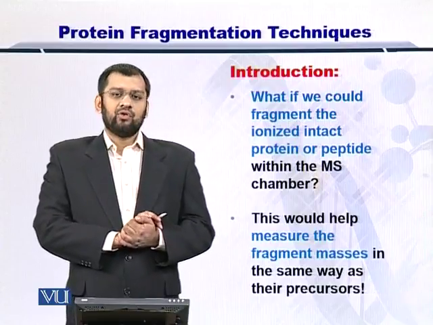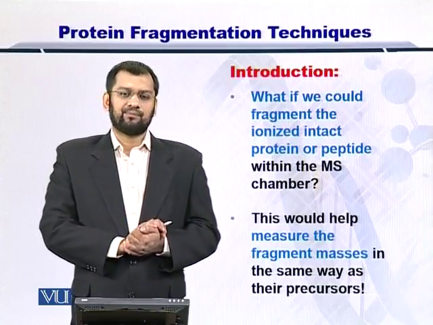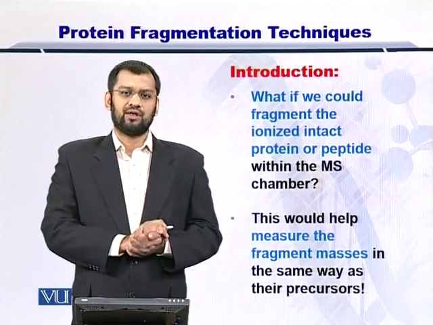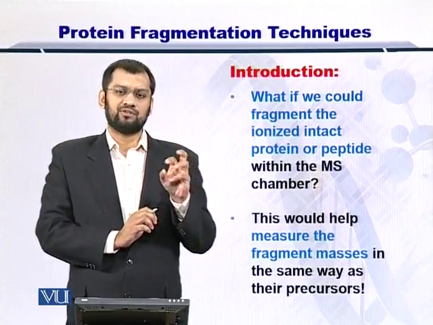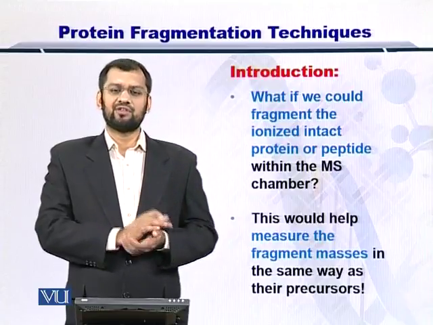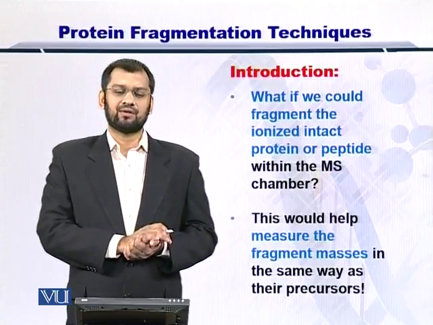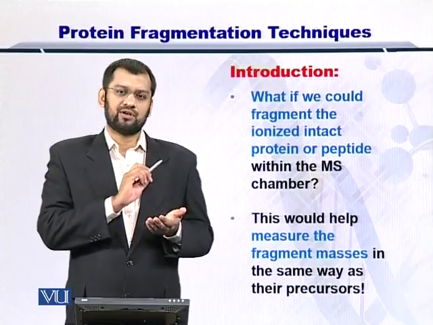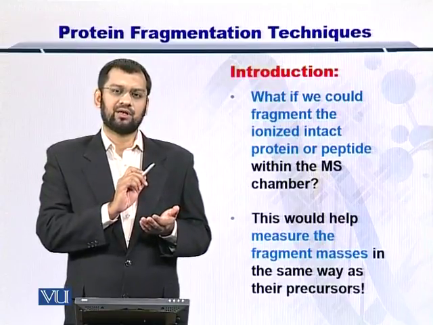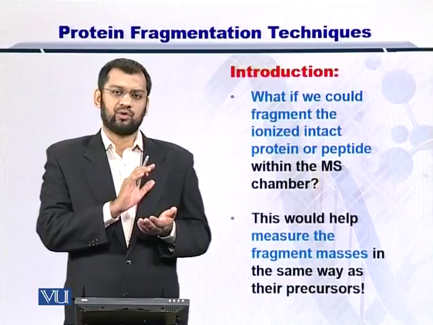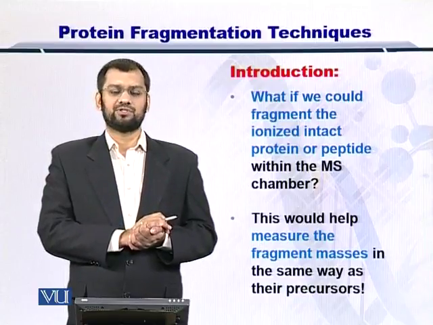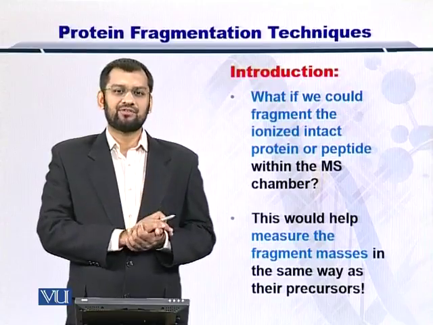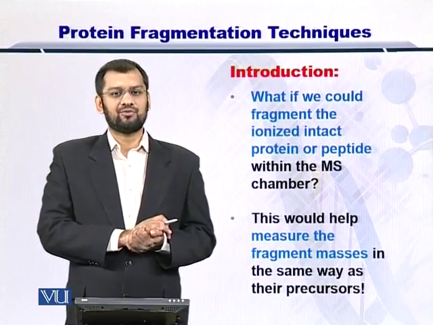Okay, so for fragmenting a protein, one wonders, if the protein or the peptide is already within the mass spectrometer's chamber, how can you access it and how can you fragment it? Because you inserted your protein into the mass spectrometer and it was already ionized and measured for its mass over charge ratio. But how to access that protein to fragment it further?